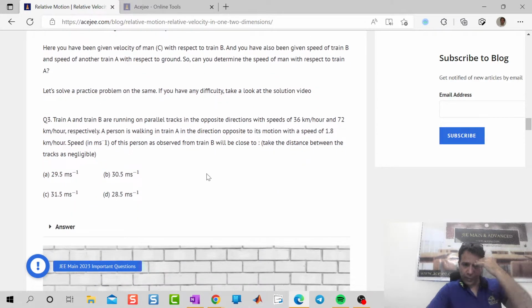If it is, then let's go ahead and attempt this question. Train A and B are running on parallel tracks. Can you guys read this question okay, or is that a challenge? Sir, it's readable. Okay, beta. Let's go ahead then.